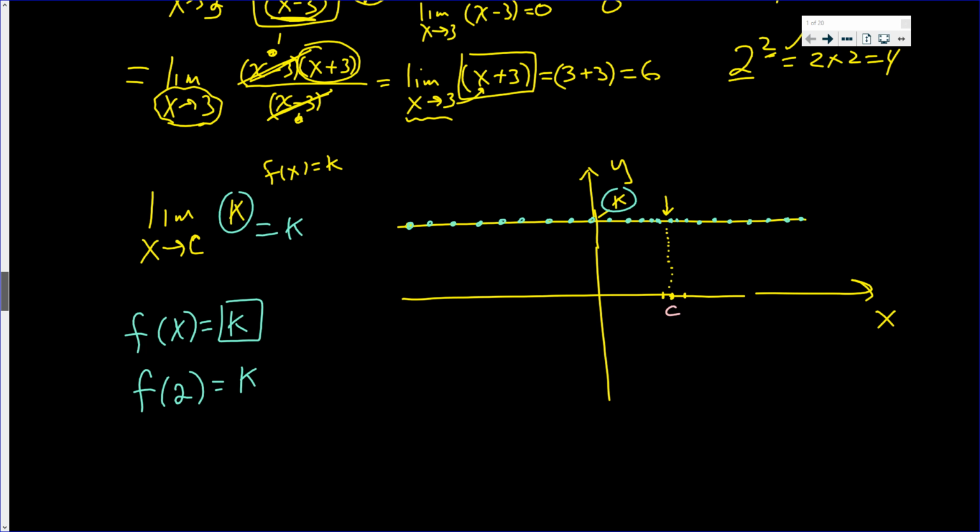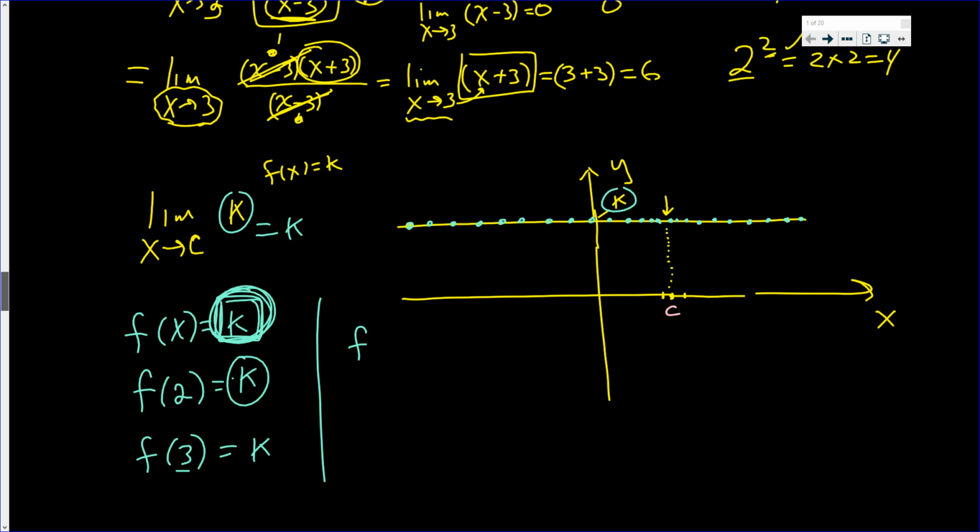I did that: I wrote this down exactly the way it is, except wherever I saw x, I wrote 2. What is f of 3? I'm going to write this down exactly the way it is, with one exception. Wherever I see x, I'm going to put 3. It's always that.